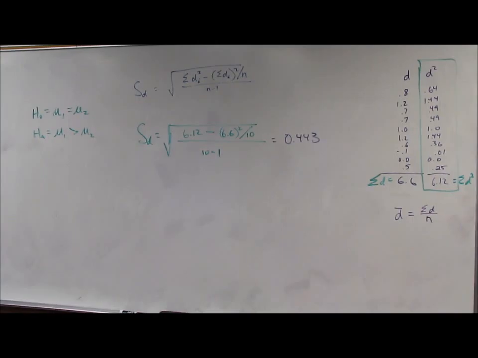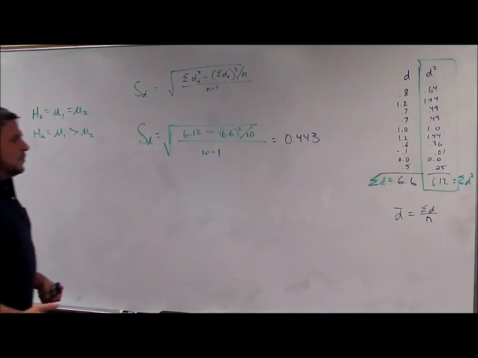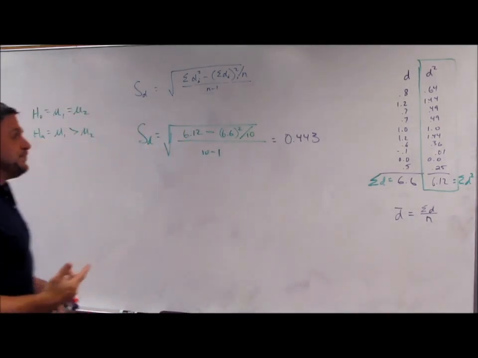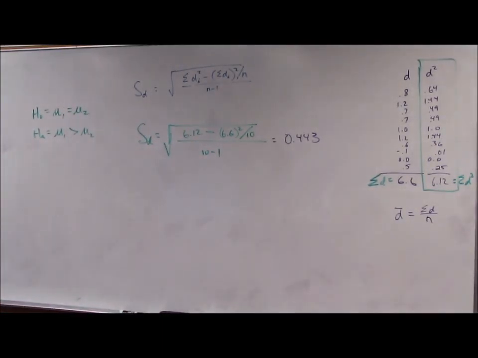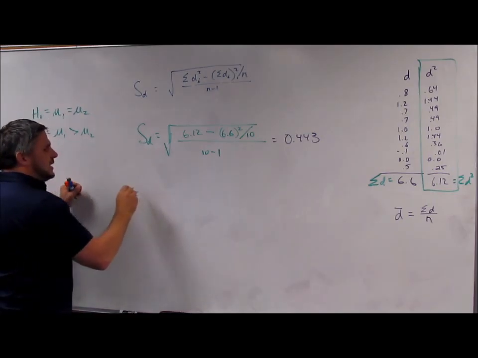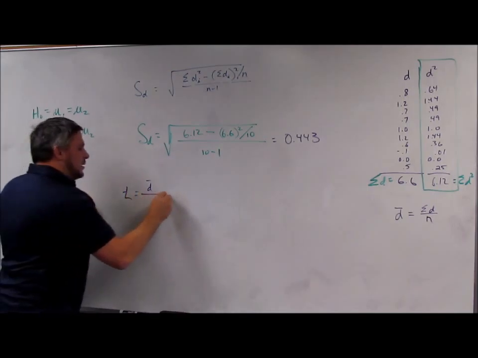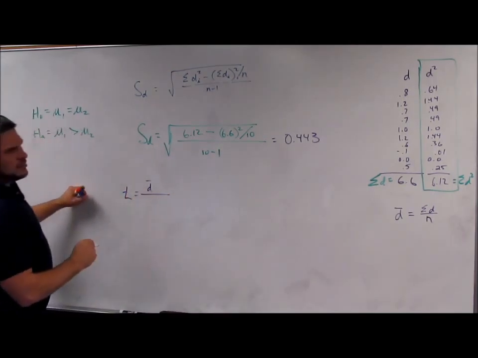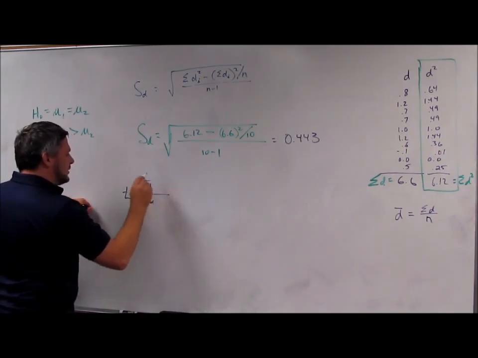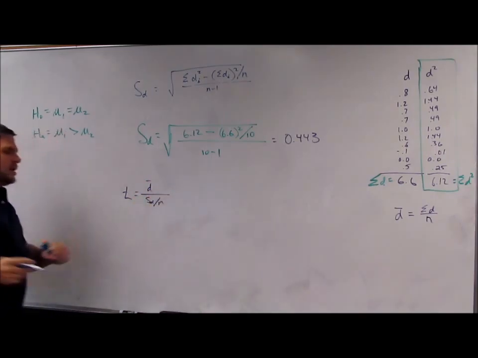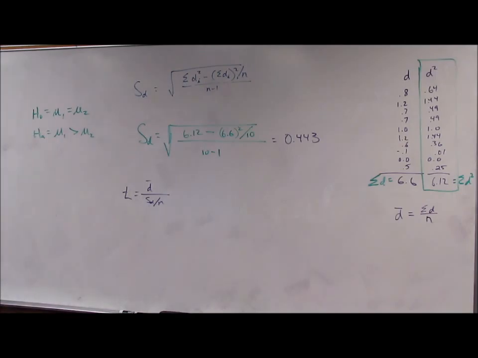There are some other things we need to do. The next thing is we need to test the t-value. Because remember, there's less than 30 in the sample size, so we can't do a z-value test on this. We need to do the t-value test. T is equal to d bar over the standard deviation of the difference divided by root n.